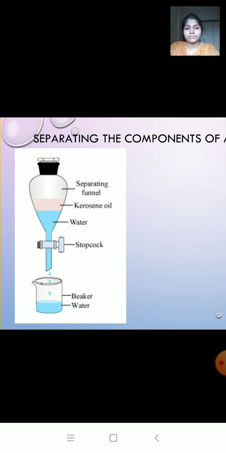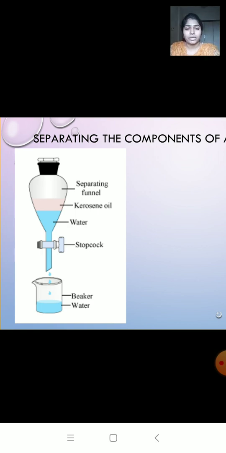Shake the mixture and allow it to stand undisturbed for some time. So what will happen? Water and kerosene oil will settle down. Water being heavier will form the lower layer, and kerosene oil being lighter will form the top layer.